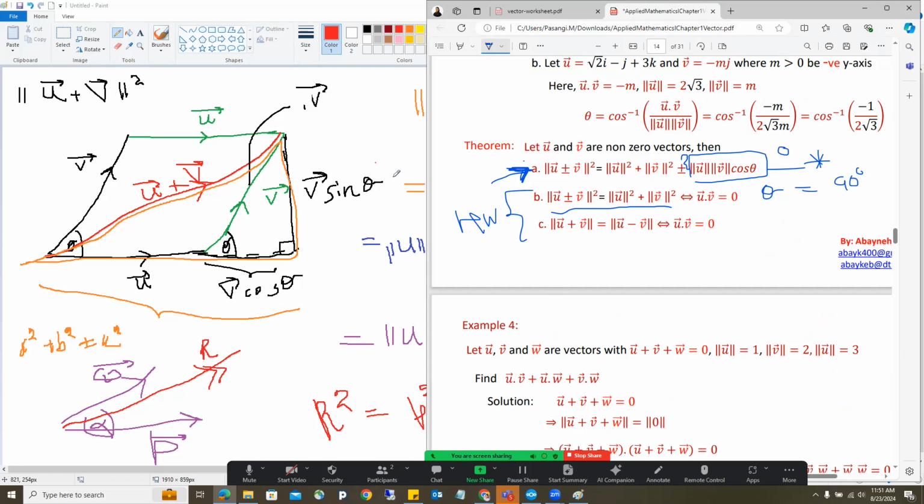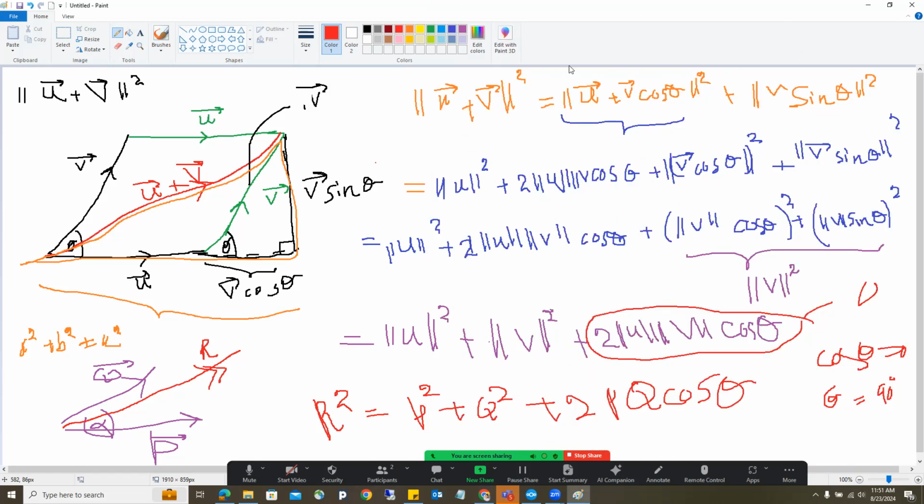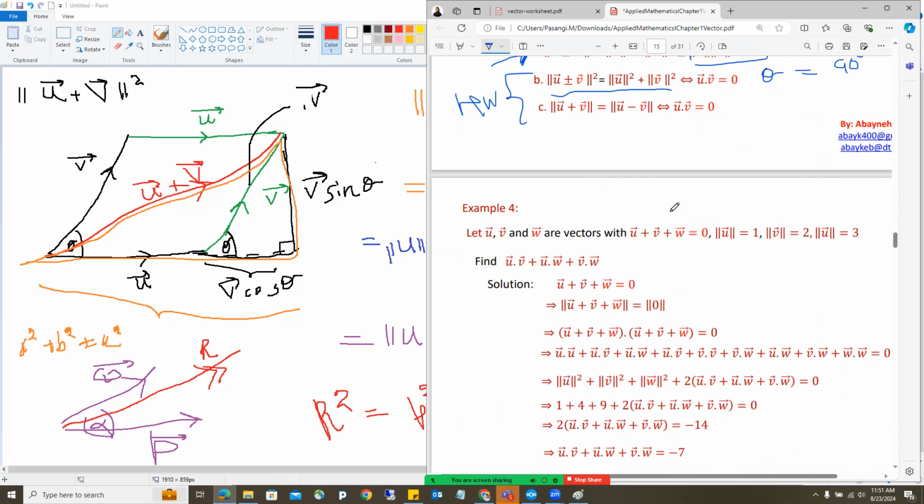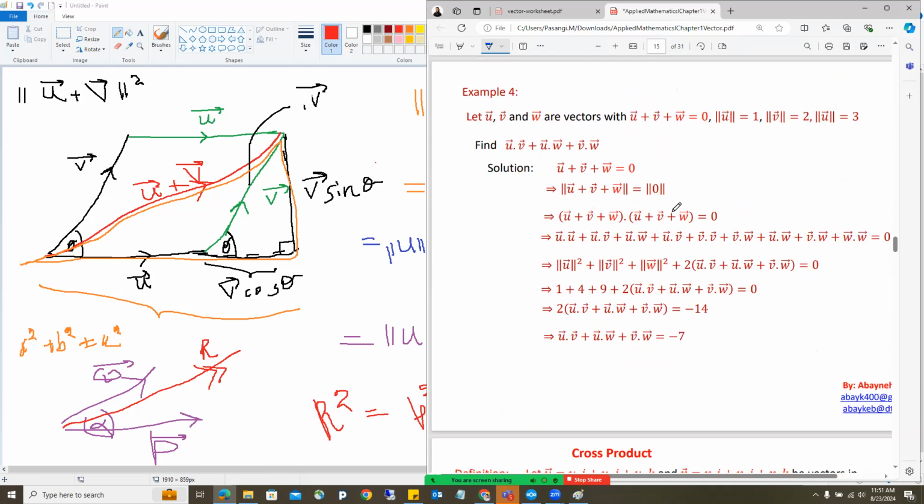For the first theorem, we have already proved this, so do the proof for B and C by using the first one. It's a homework. And then do example 4 as well.